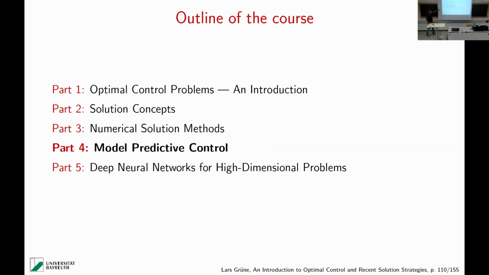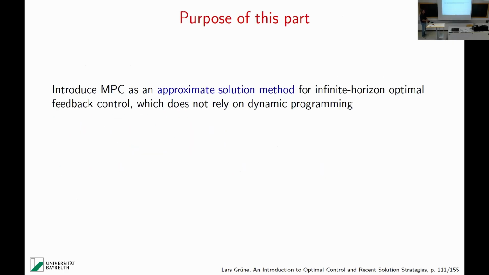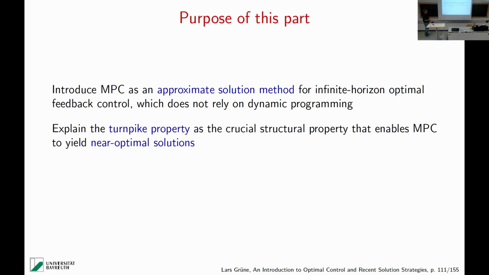Okay, this is part 4, model predictive control. This is one of the methods that does precisely what I just explained. So what is model predictive control? It's an approximate solution method for infinite horizon optimal feedback control, which does not rely on dynamic programming. Rather, it uses open loop optimal control, usually direct methods.